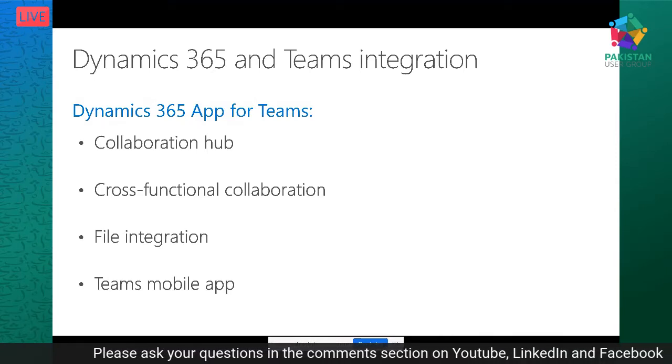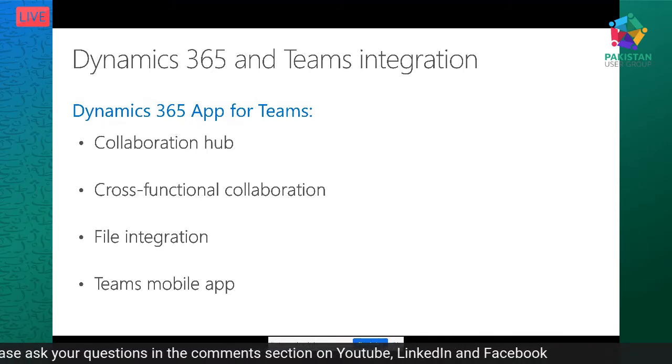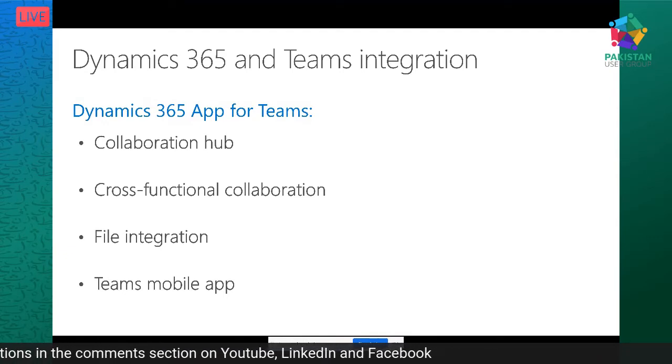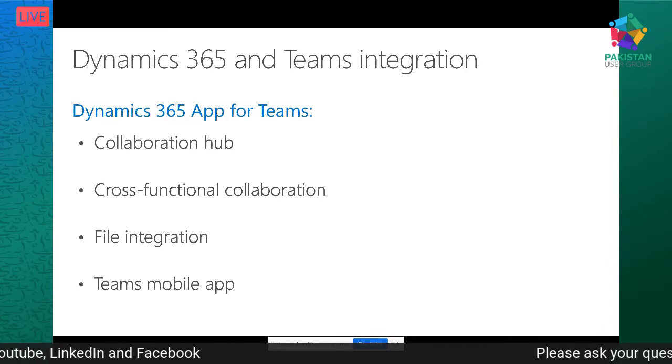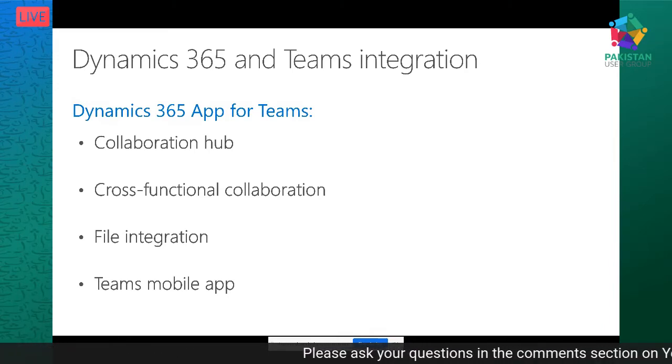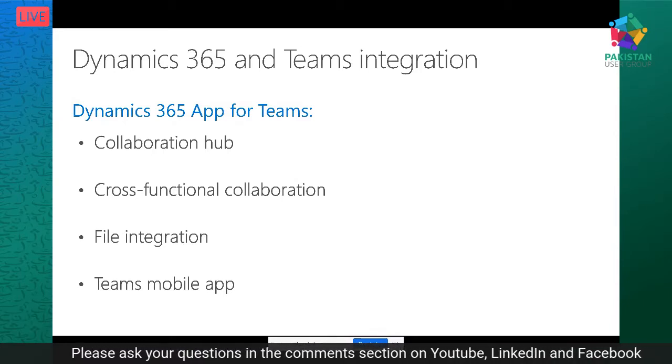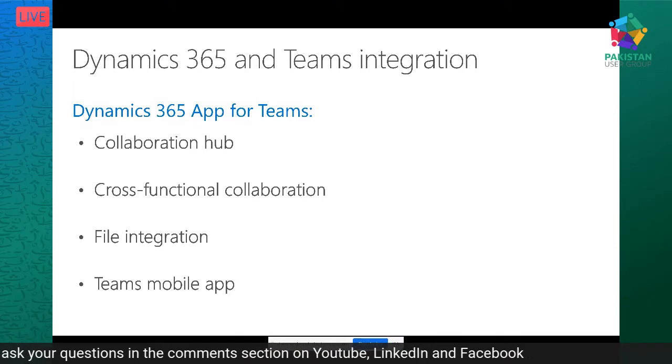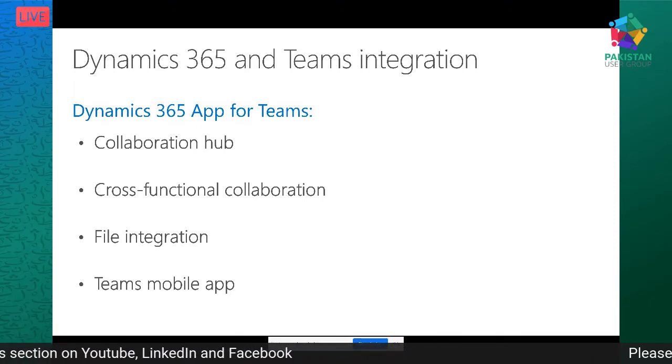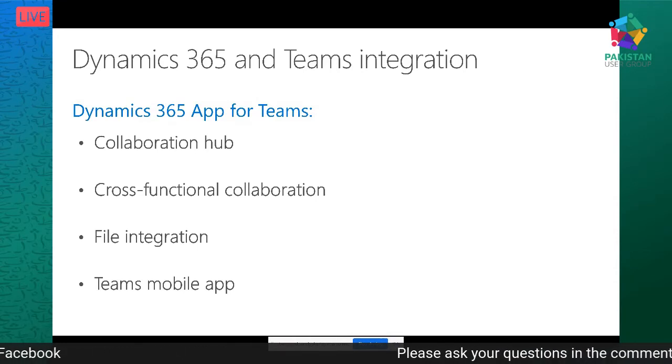And last but not the least, the Teams mobile app, which means it has the possibility to search and update records from the Microsoft Teams mobile app using the Dynamics 365 bot while you are in the field, while you are speaking with a customer on a specific opportunity or whatever, right? So when you are at the customer's location, you can leverage that mobile app as well.